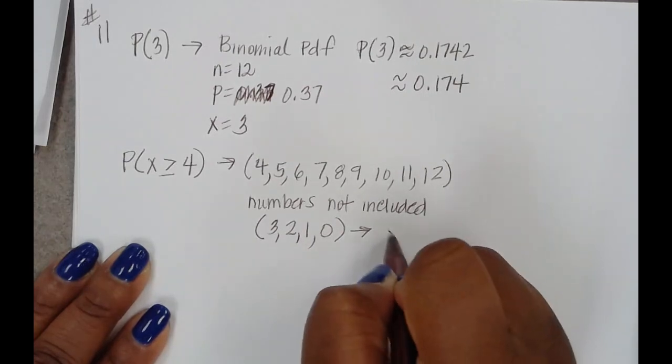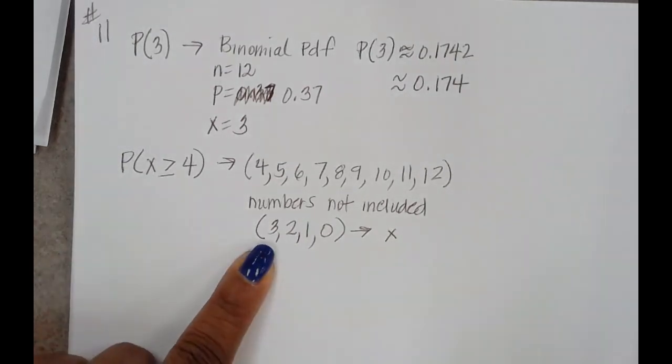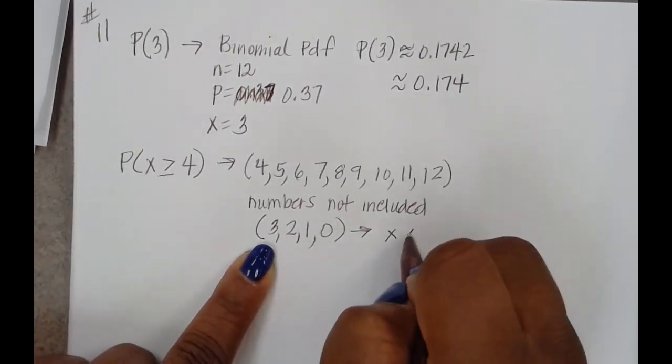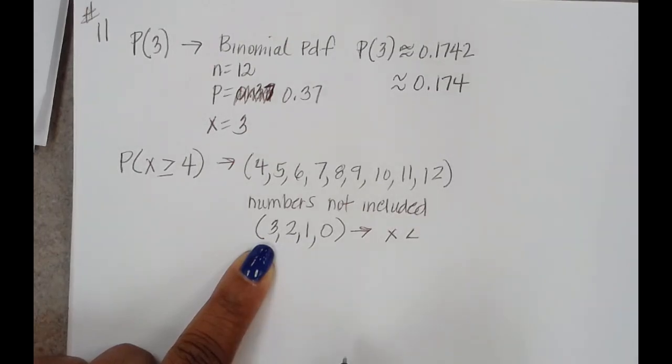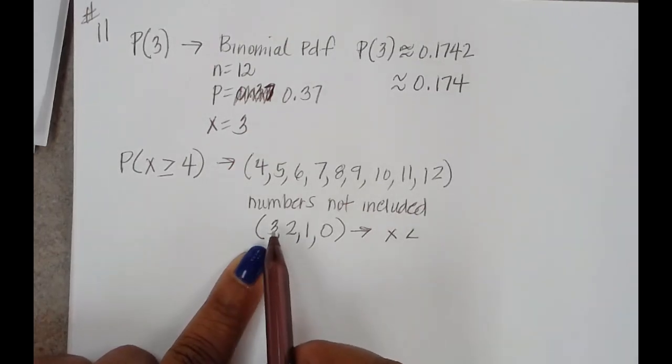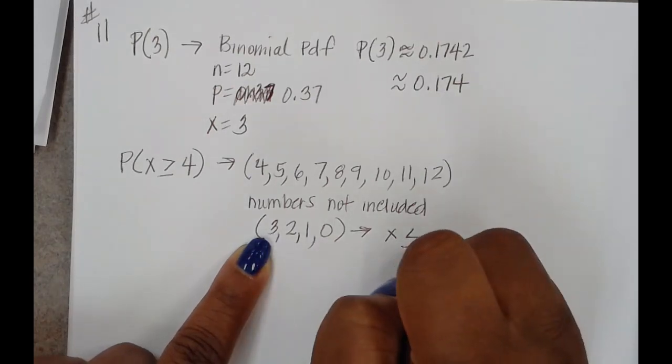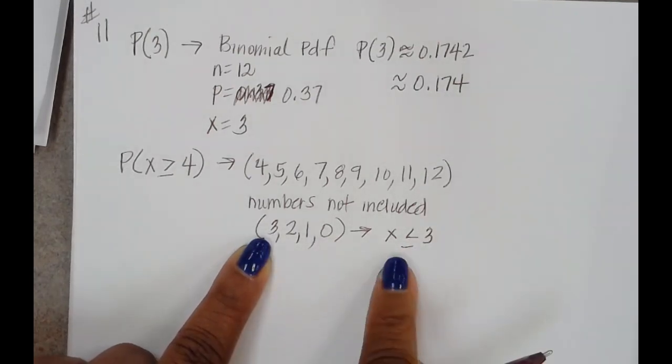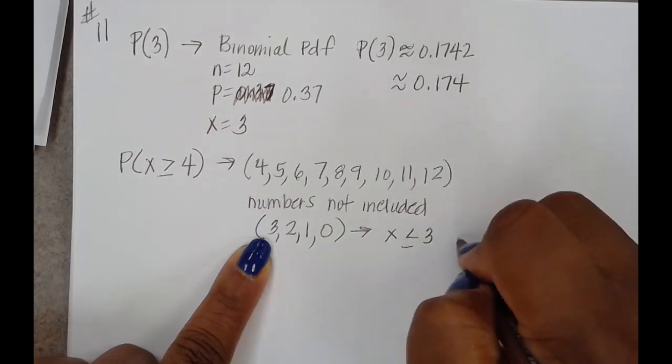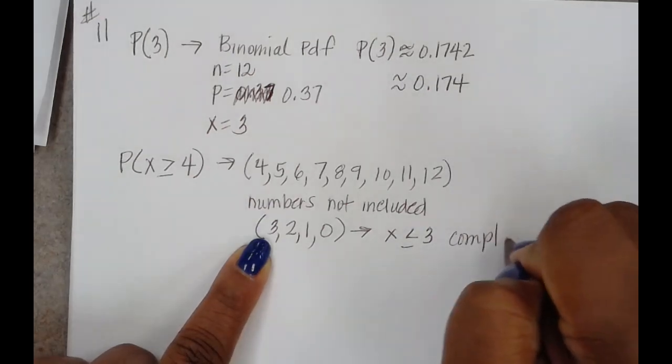X is less than or equal to 3, because x can be 3 and everything less than 3. So here is my complement. What do I do with the complement?